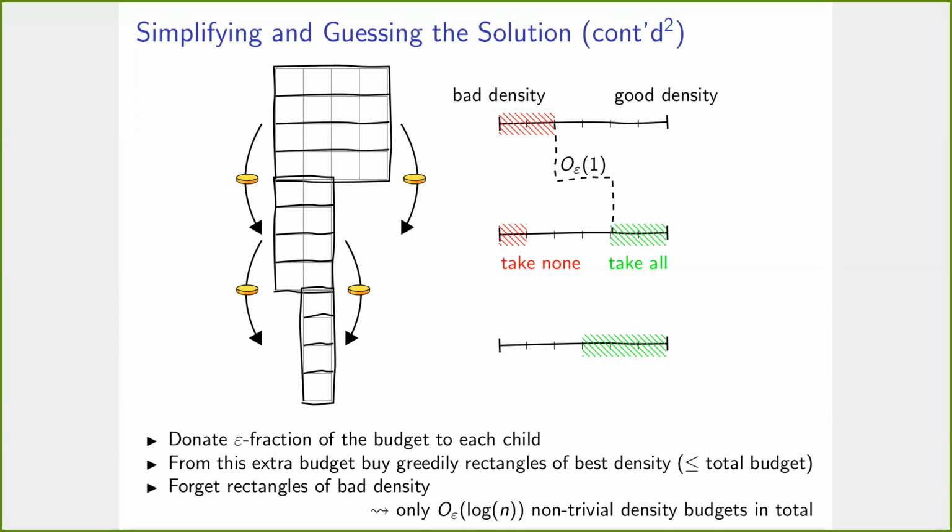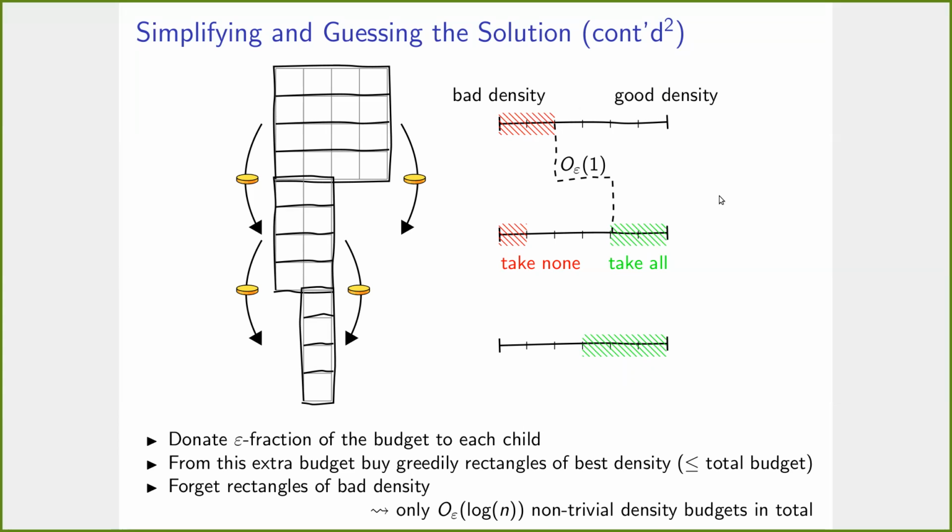It either buys all the rectangles or it buys none of them. So the only densities that remain non-trivial, for which we would actually need to know the budget, are the densities that are not red and not green.